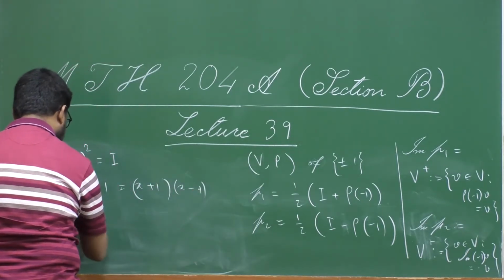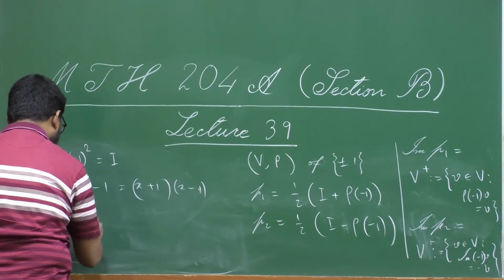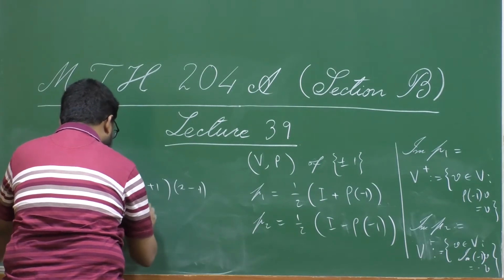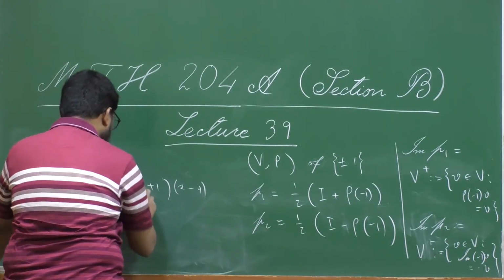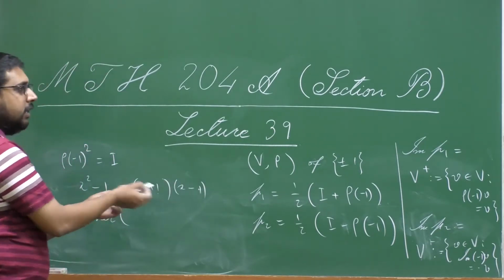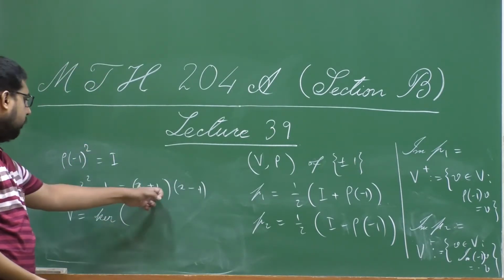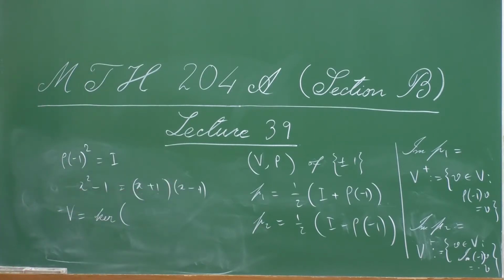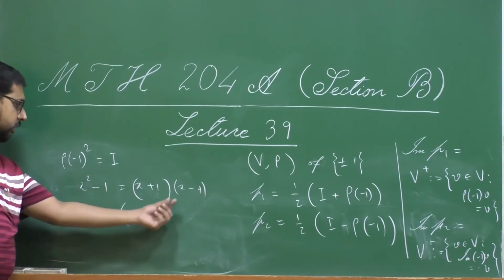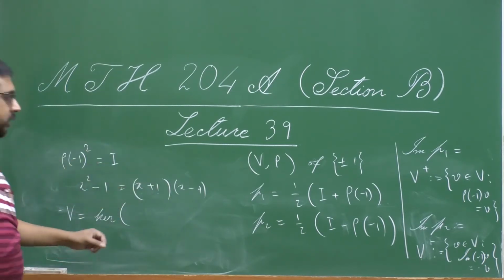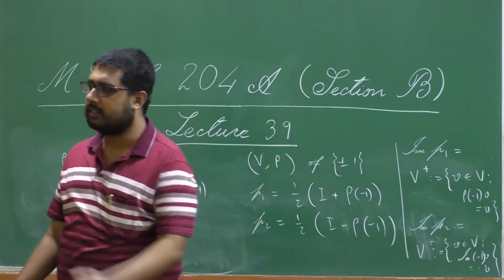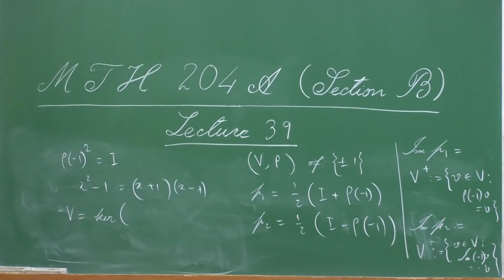So V is the sum of the kernels, corresponding to the eigenspace with eigenvalue minus 1 and the eigenvalue plus 1. The decomposition of V that you obtain from the primary decomposition theorem is basically the canonical decomposition for this representation.